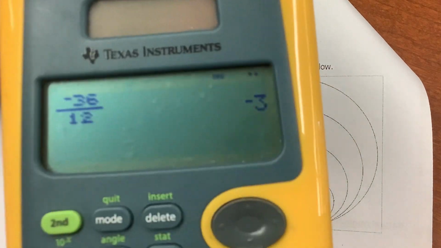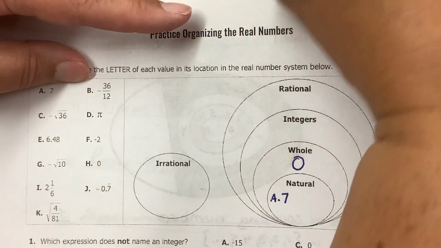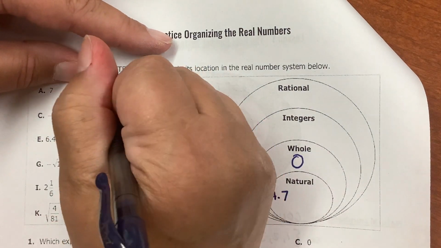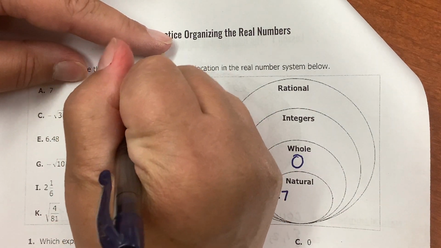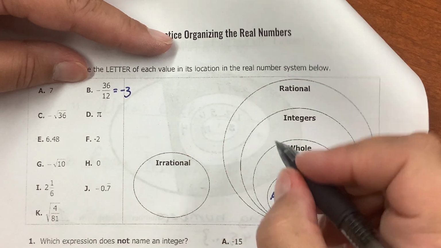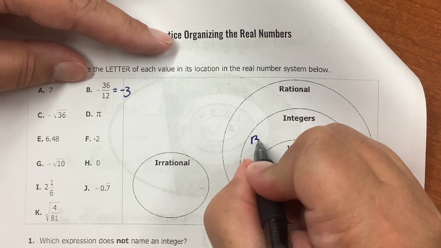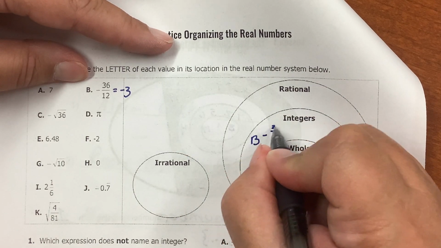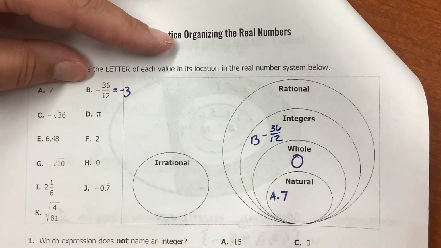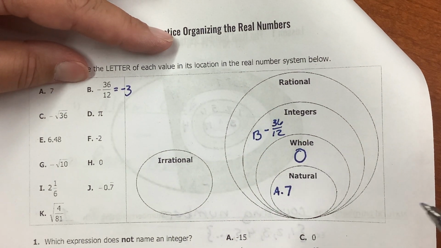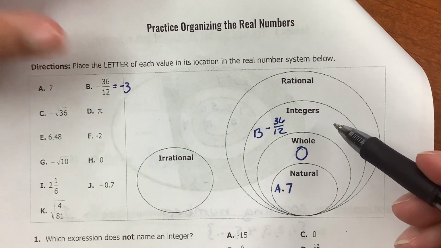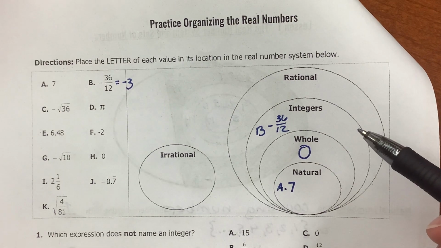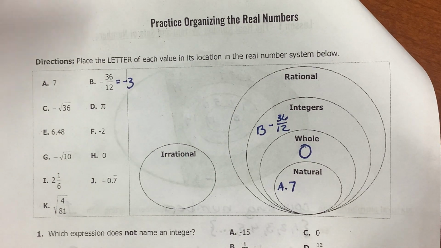Oh, and it reduced it to negative 3. So negative 3 is an integer. So this whole fraction, B, negative 36 over 12, is going to go in the integer box, even though if you put it in rational, that's fine because it's rational, but also slide it down into the integer box.